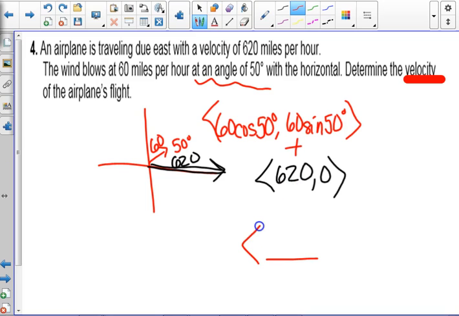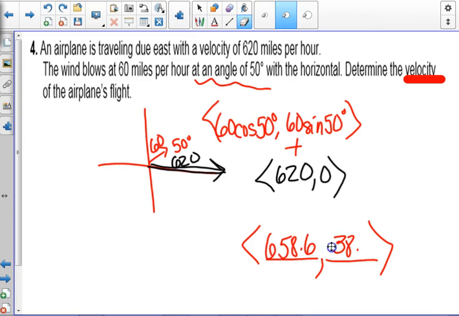Okay. Cosine? 38.6, 650, 8.6, like that? Okay. 60 cosine of 50 plus the plain old 620, 658.6.